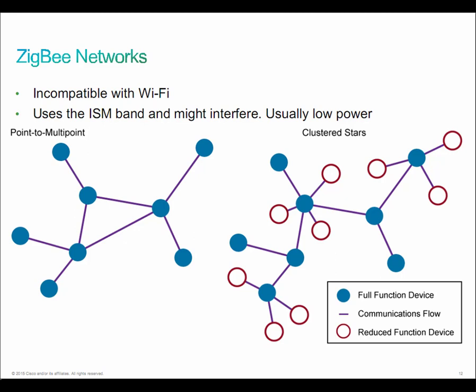The ZigBee device object, or what we call the ZDO, is a protocol in the protocol stack. The whole function of the ZDO is device management. That includes policies, security keys, and so on.